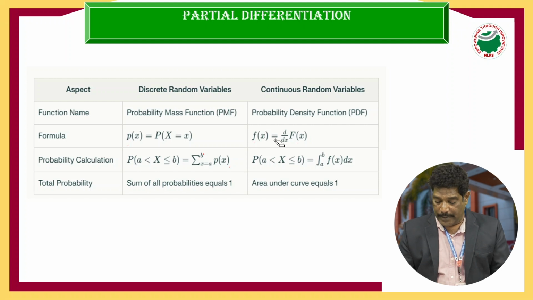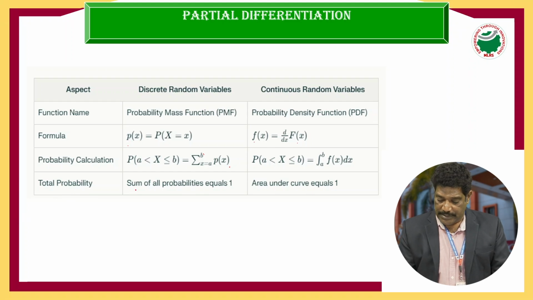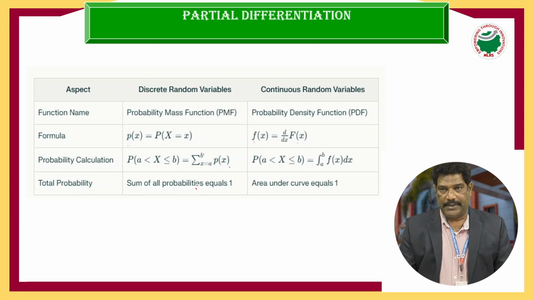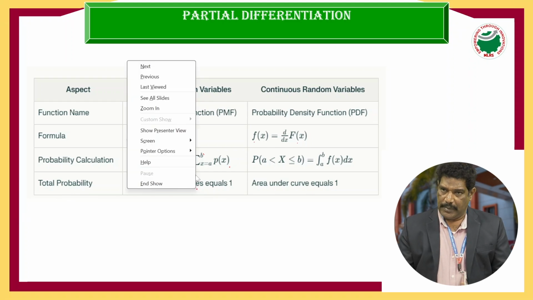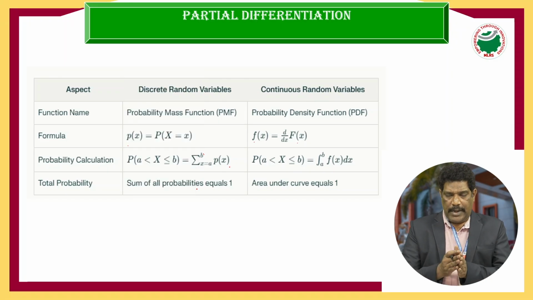An important property is the total probability. The sum of all probabilities equals 1. If you find the probability for each event and add all the probabilities, you will get 1.